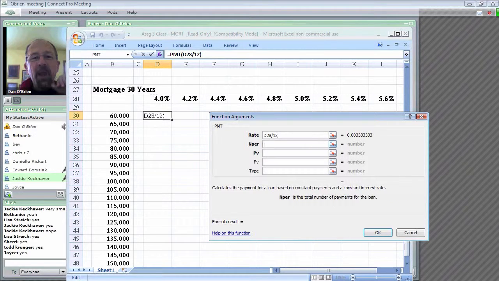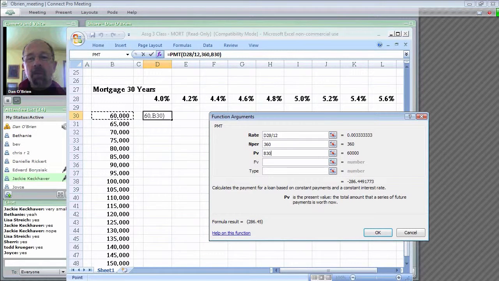The number of payments, now the number of payments aren't 180 because it's a 30-year. A 30-year is going to be 360 payments. So we type in 360. The mortgage amount is going to be B30. And then we're going to hit enter.